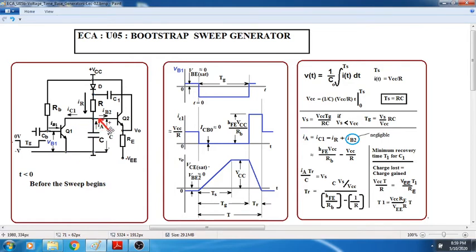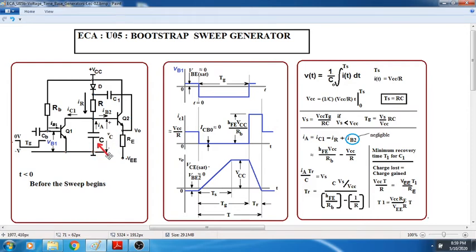Now you look at this point here. At this point it is VCE sat, and the difference between base and emitter is equal to VBE sat. So between these 2 points it is equal to VBE sat, or we can call it VBE for the second transistor. So this is VBE2, and what is the voltage at V0? V0 means from this node to the reference point.